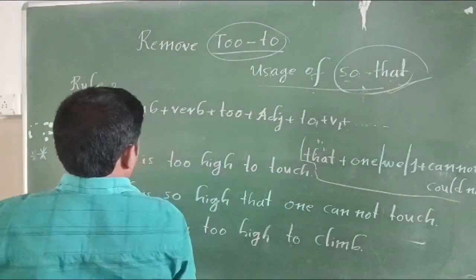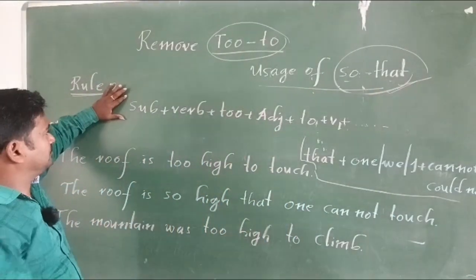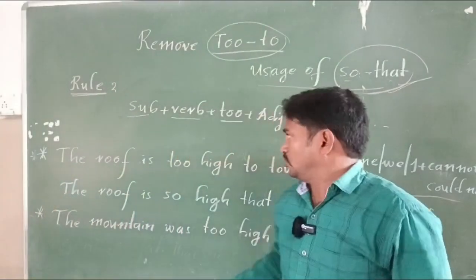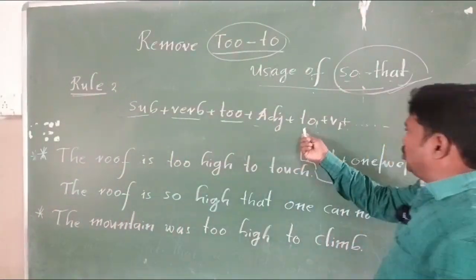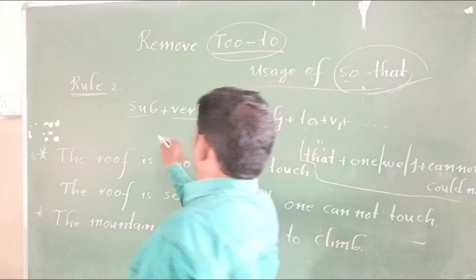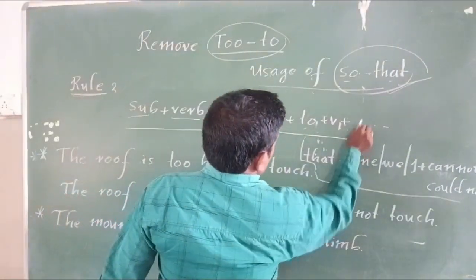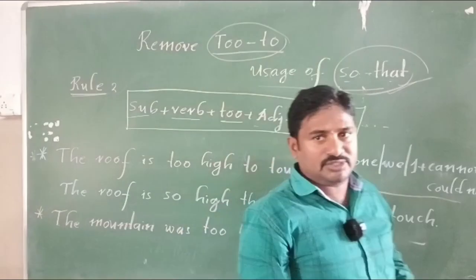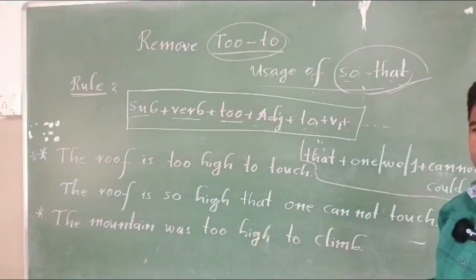Now coming to rule 2, what is the structure? Subject, verb, too in place of adjective, to plus verb one. So this is the rule 2 structure. Before it was the same. What is the difference between rule 1 and rule 2?